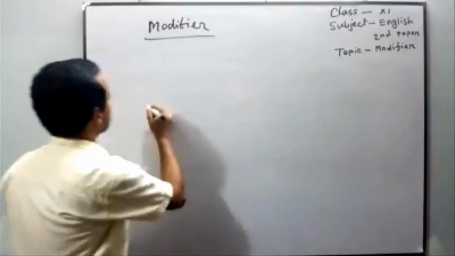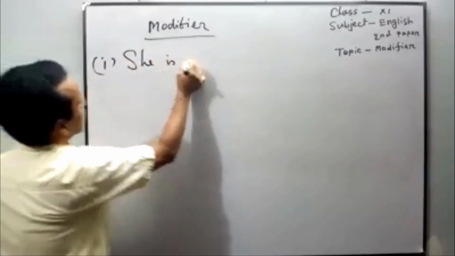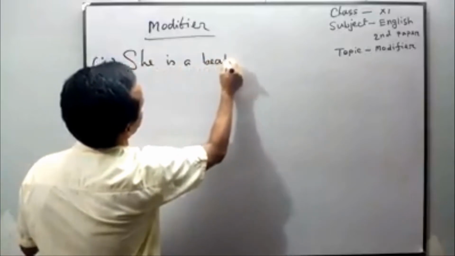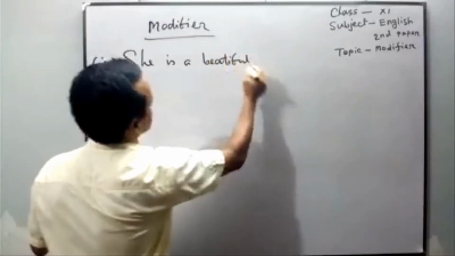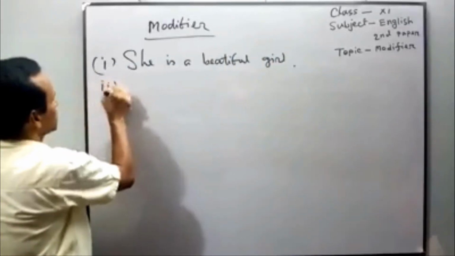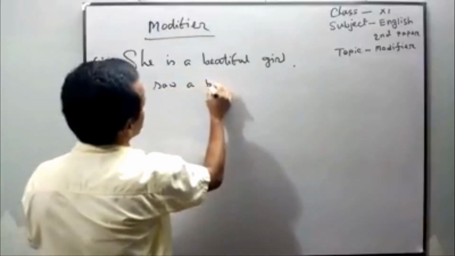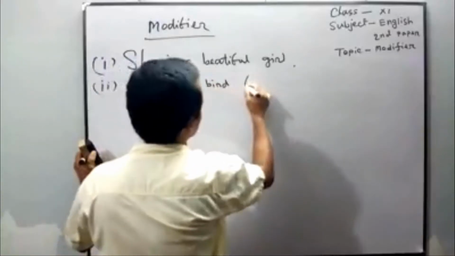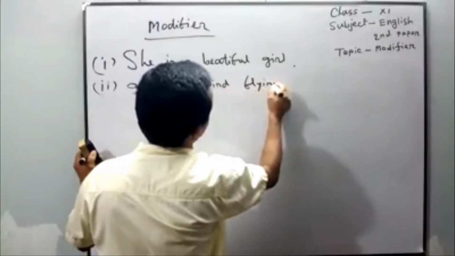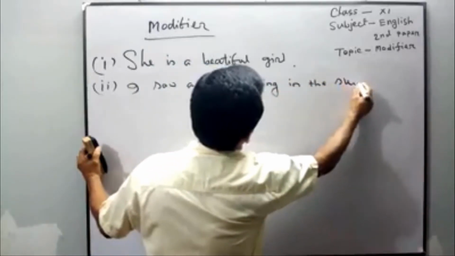Suppose, she is a beautiful girl and I saw a bird flying in the sky.